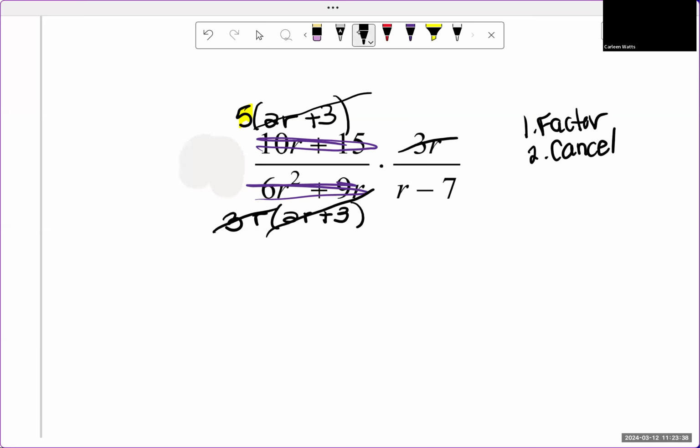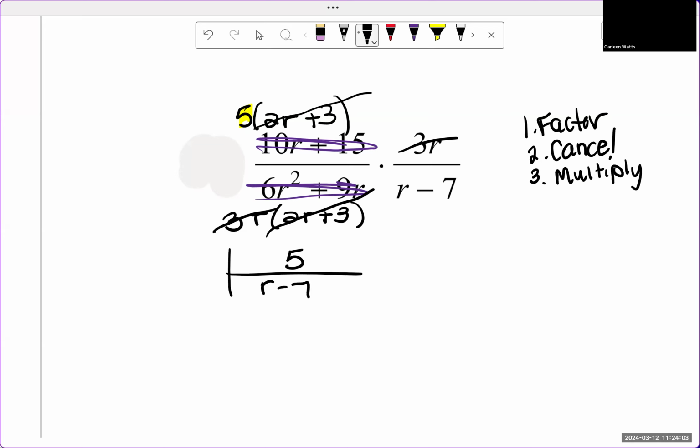Now we carefully multiply. Okay, what's left on top? 5. And what's left on the bottom? R minus 7.